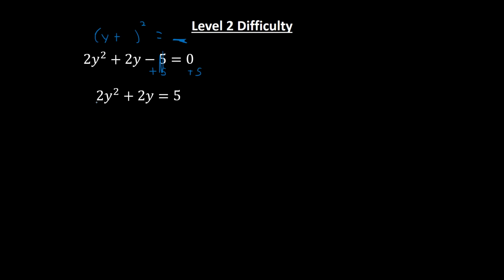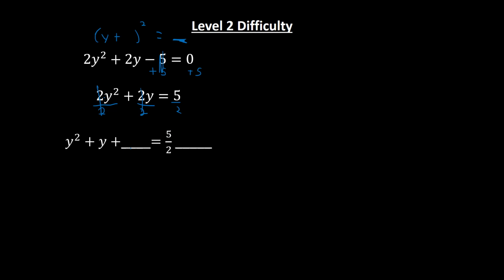So what I like to do is get rid of it by dividing by 2, because 2 times y squared, when I divide by 2, will cancel, but I need to divide everything by 2 as well. So now I have y squared. This becomes a 1y, and then the 5 over 2 is just 5 over 2.